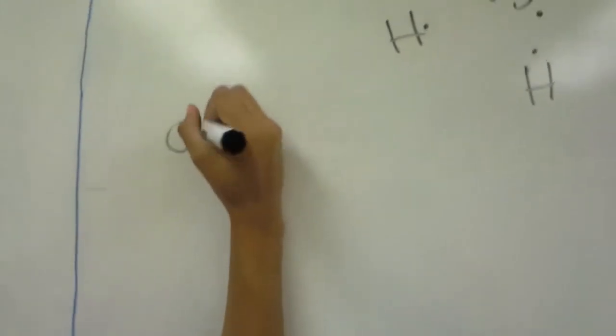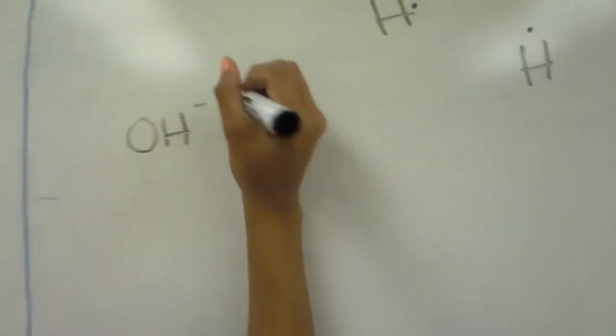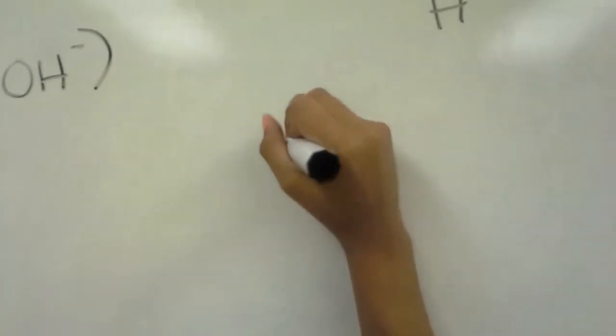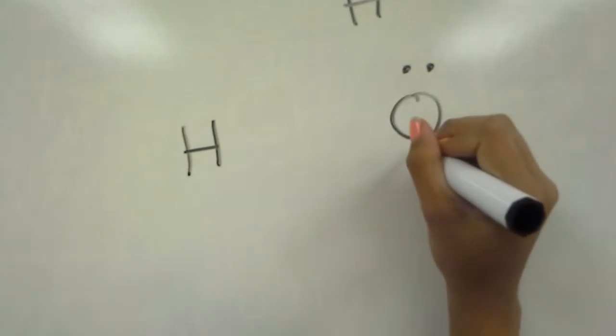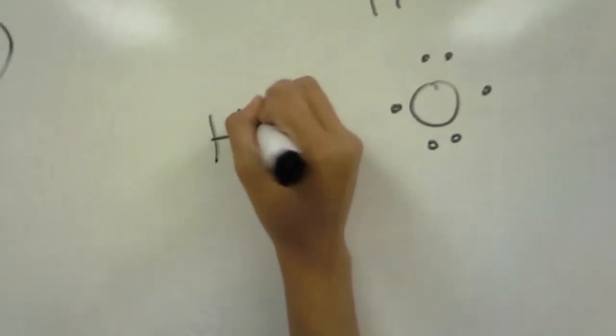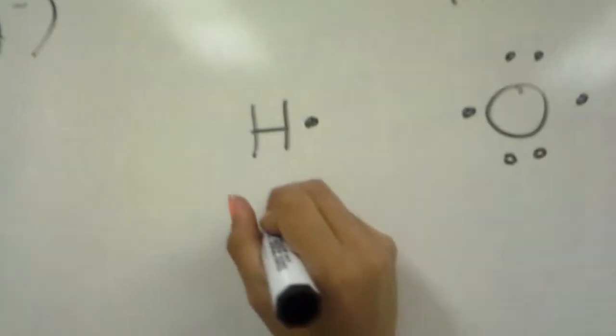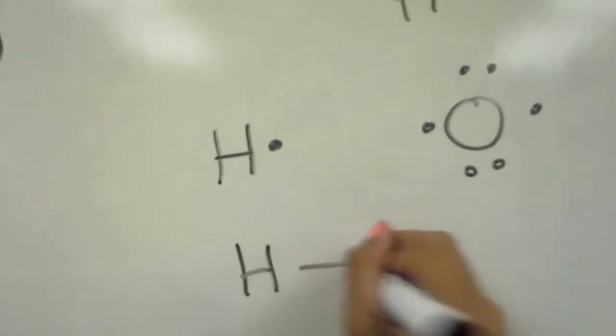For OH minus, same process. You draw your symbols and your valence electrons. Oxygen has 6. Hydrogen has 1. So this turns into this.